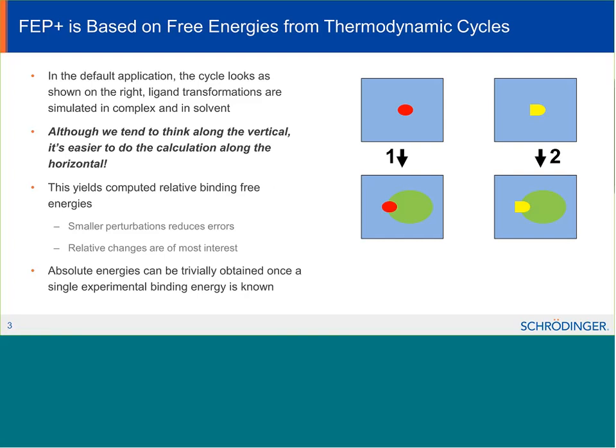Now, the way this is done computationally is that the main trick in free energy calculations is that we do a non-physical transformation between those two molecules on the horizontal axis here, avoiding the very difficult to simulate physical process on the vertical axis.